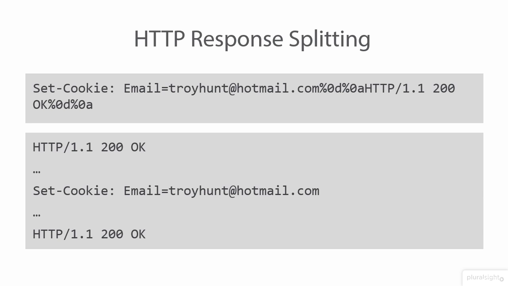Now there are a bunch of things that need to fall into place for this to happen. So one is that the server actually needs to accept these characters in the request. And many will reject it. This is one thing about modern frameworks. They're getting much better at knowing what is malicious activity right out of the box. The other is that the application has to actually reflect that untrusted data, so that is the email value, back into the header verbatim.